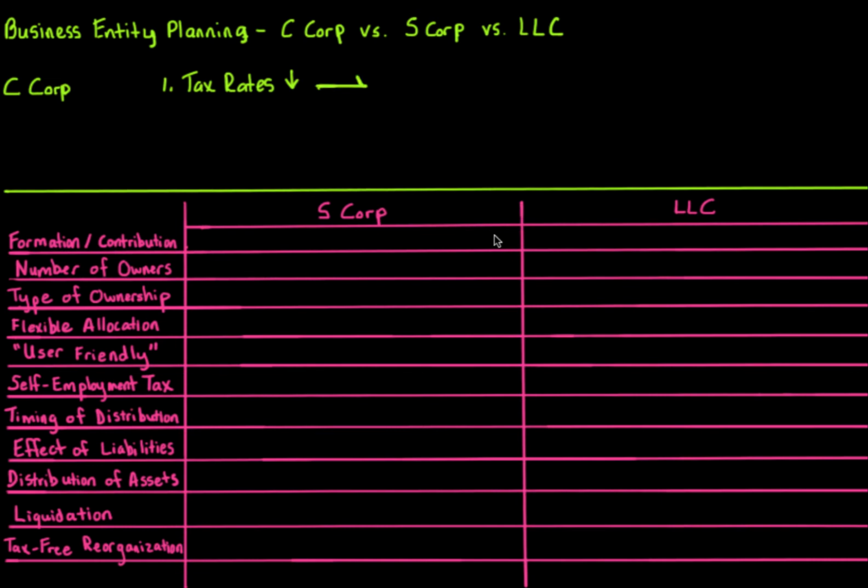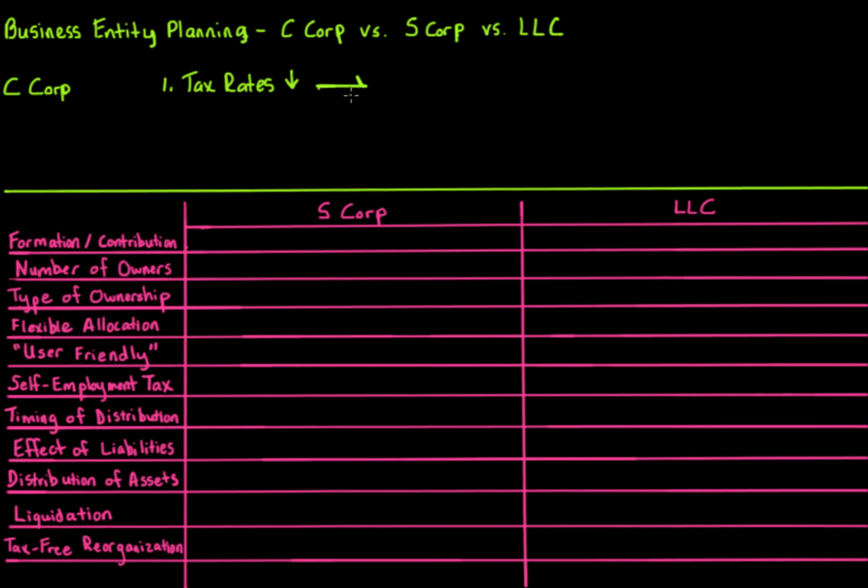And the idea is that if the client plans to grow the business in the sense that they're not going to be pulling out money with respect to distributions or taking money out, and they're simply just trying to grow their business from $0 up to $10 million, and then maybe eventually, many years down the road, they're going to sell that business, well, the tax rates within the C corporation are much less, and you don't have to worry about double taxation because the client's not going to be selling his or her shares of stock, and you don't have to worry about the taxation the C corporation has to recognize with respect to distributed assets and whatnot.